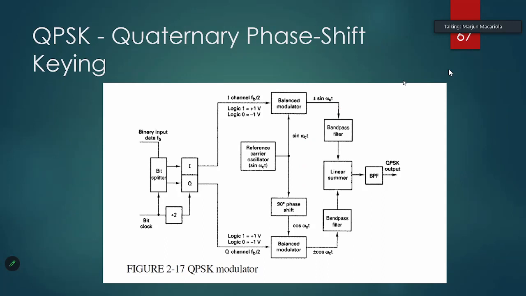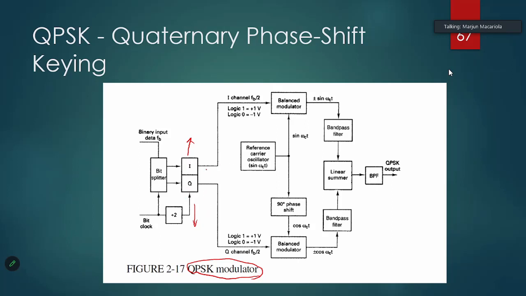So a QPSK modulator has 2 input channels. Okay? So first is the I balance modulator, and Q balance modulator. Okay? So we have two binary inputs, which are the I and Q channels.